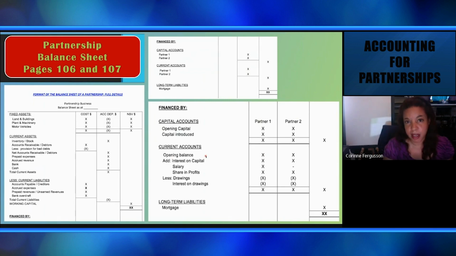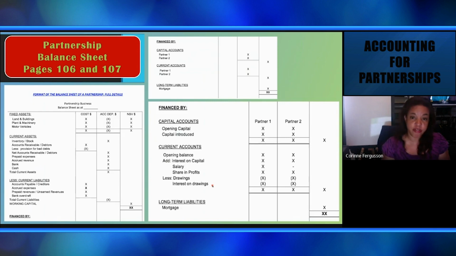That is your opening balance, whatever they gave you in the trial balance. And then you would add your interest on capital from your appropriation account, add your salaries, you're putting it under the partners column, add your share of profits, and then less your drawings and less your interest on drawings. Okay, so that is basically it.